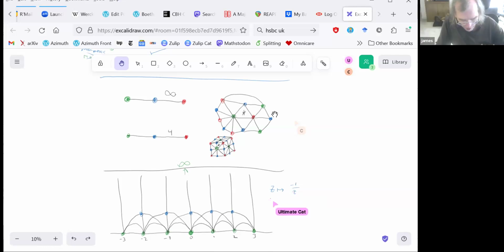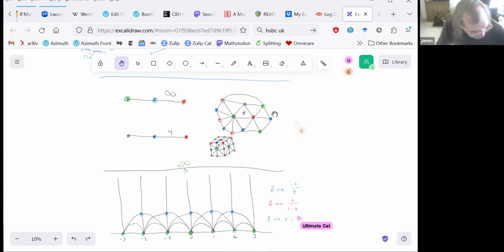In other words, we could just write down these involutions, draw the picture of that, and check if it's satisfying the Coxeter relations. So the red one is going to be, I think, 1 over 1 minus Z. And I think the green one is going to be Z plus 1.